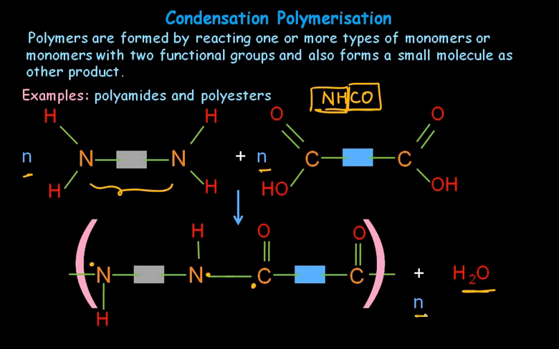Now when we write n here, what does this mean? That this is the part of the polymer which gets repeated n number of times as the n number of monomers have reacted together.